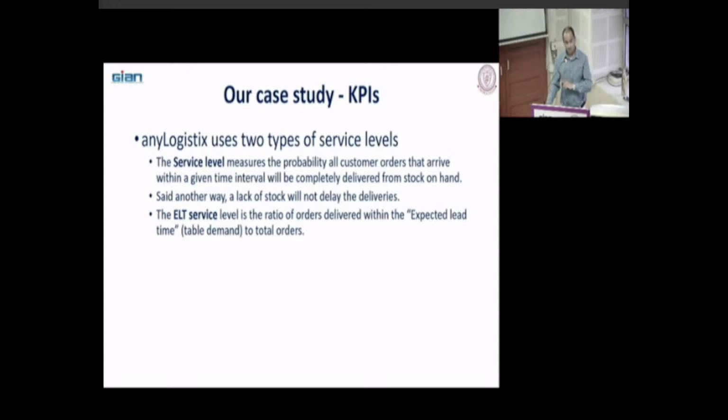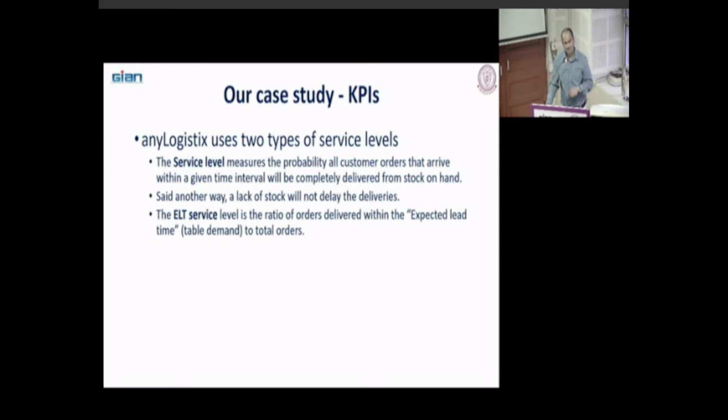I will show you in the tool. When you define the demand, it will ask you what is the expected lead time of each customer. When the facility receives the order from the customers, in the normal service level, if stock is sufficient, then only it will take the order and satisfy it. If stock is not there, it will reject.